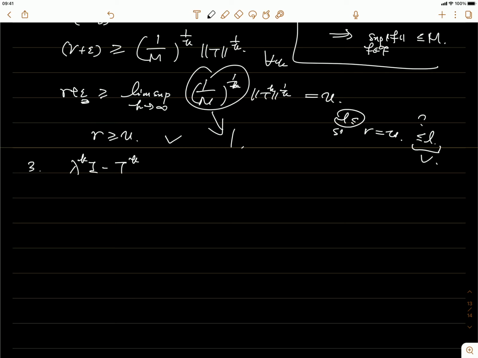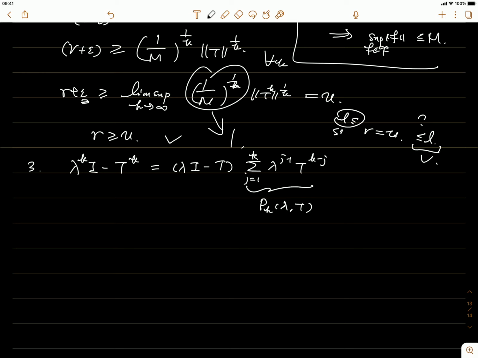I'll not show the details, but it's pretty easy to show that you can rewrite this as lambda I minus T times the sum of lambda to the j minus 1 times T to the power k minus j, where j is from 1 to k. Just directly verify that. You just multiply together, then you just get the left-hand side. Okay, so I call this p_k(lambda, T).